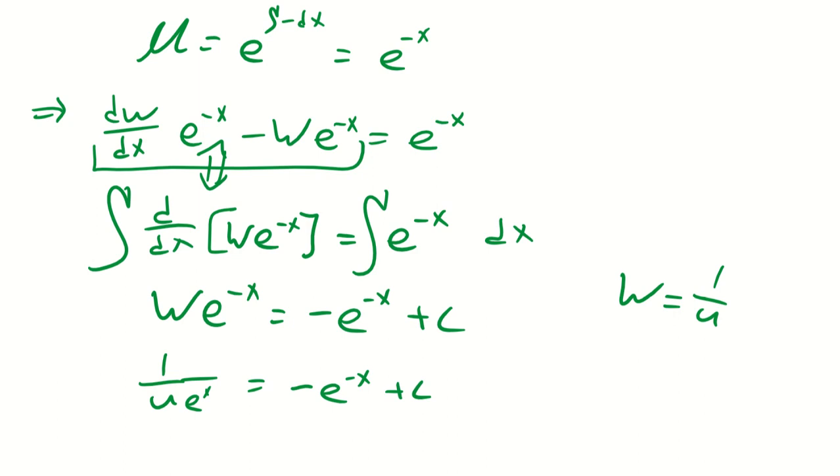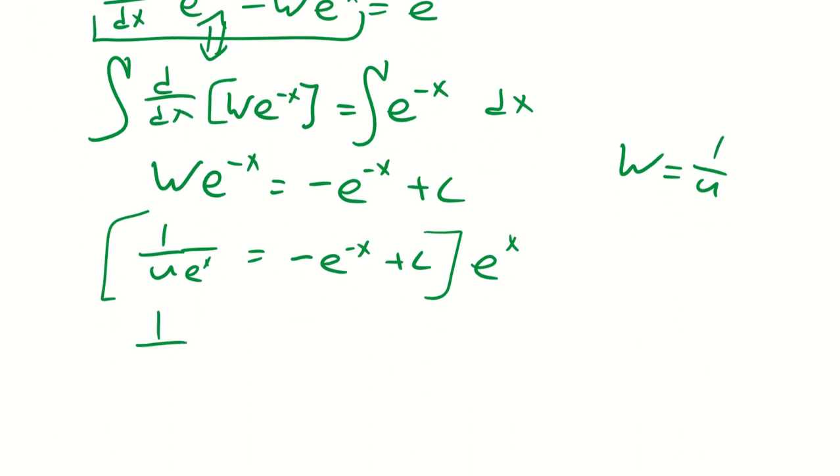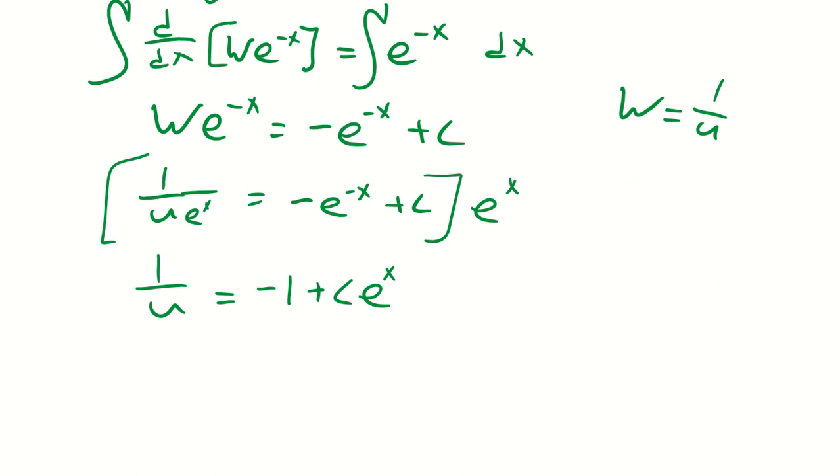And I'm just going to then multiply everything by e to the x. Why not? So we have 1 over u is equal to minus 1 plus c times e raised to the x power. And so we have u is equal to 1 over minus 1 plus c times e raised to the x power. So now we have our u.